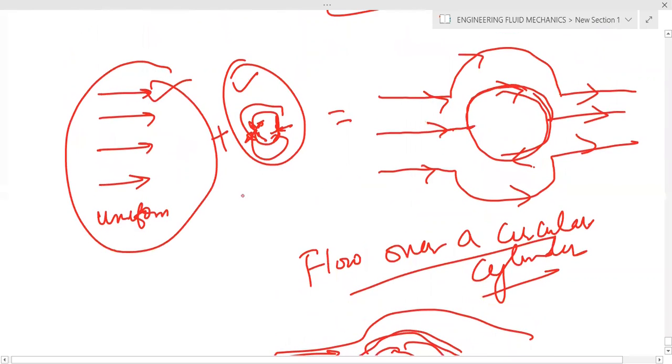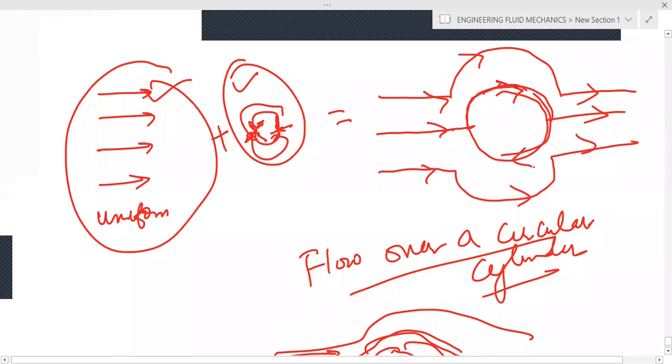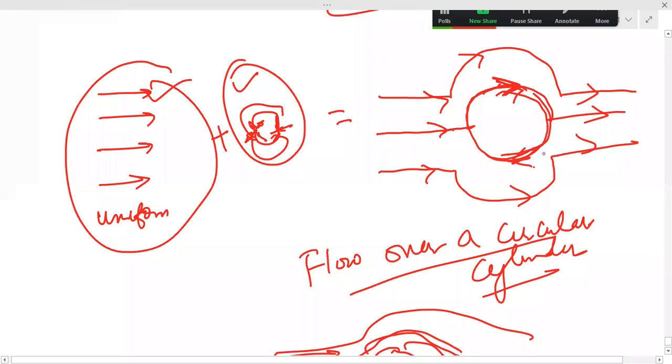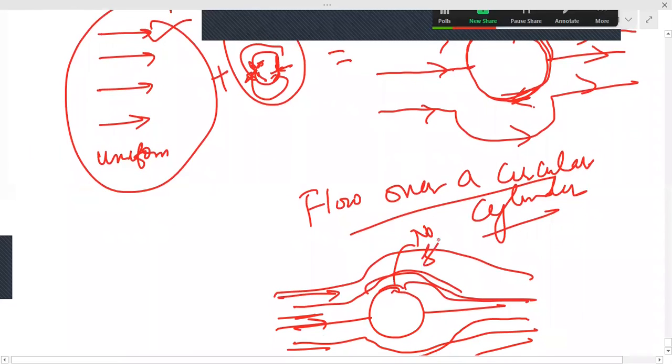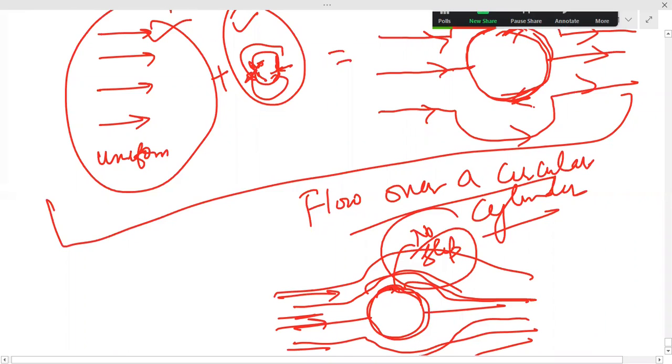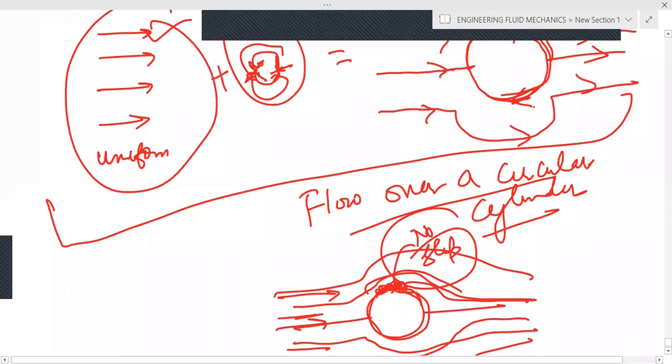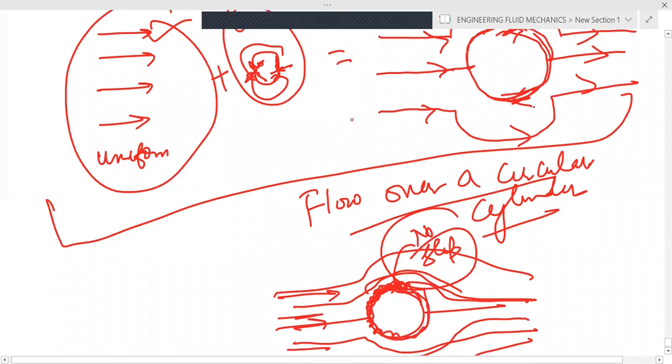What is the disadvantage of this? इस केस में गलत क्या आ रहा है कि आपको यहां पे भी वेलोसिटी मिल रही है फ्लूइड की, इसके सरफेस पे भी, और एक्चुअल में देयर इज ऑलवेज अ नो स्लिप कंडीशन एट द बाउंड्री. तो इस एनालिसिस में सिर्फ एक ड्रॉबैक है कि इसकी स्ट्रीमलाइंस या इसकी जो यूटिलिटी है वो इस रीजन में करेक्ट नहीं है. And we will look at it in more detail.